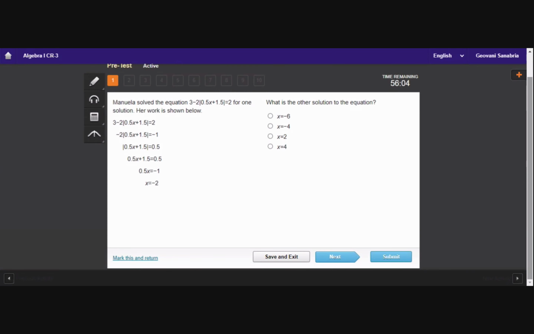Now we're at the point where we evaluate the absolute value, because we did all the stuff on the inside of the absolute value. So the absolute value of -1.5 is just regular 1.5. Then we multiply by 2.